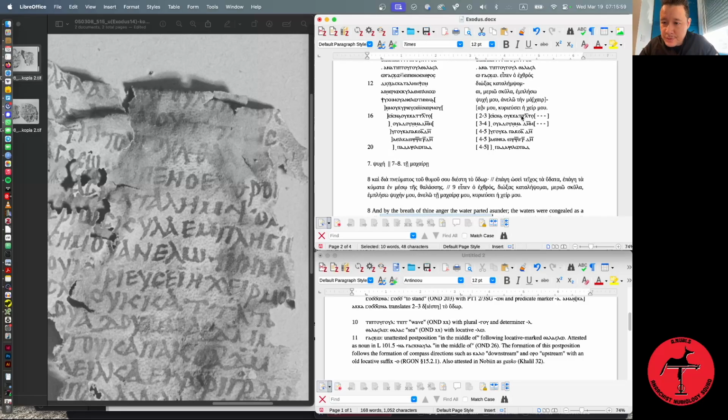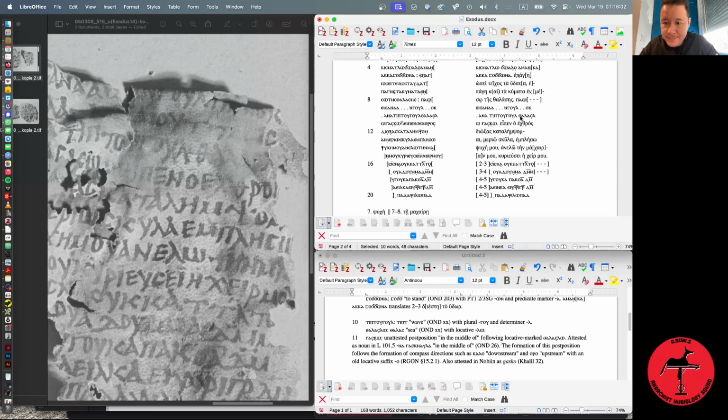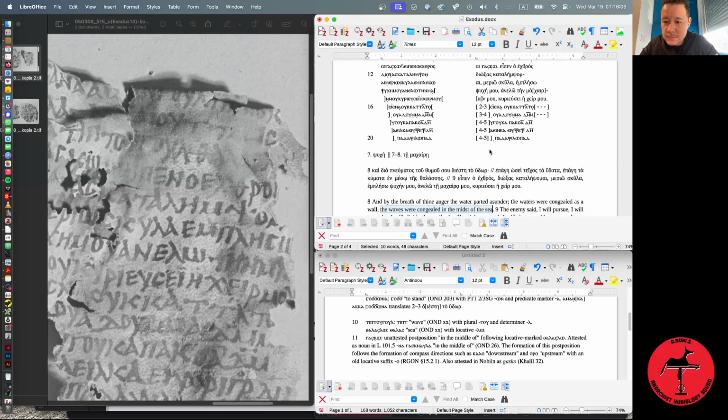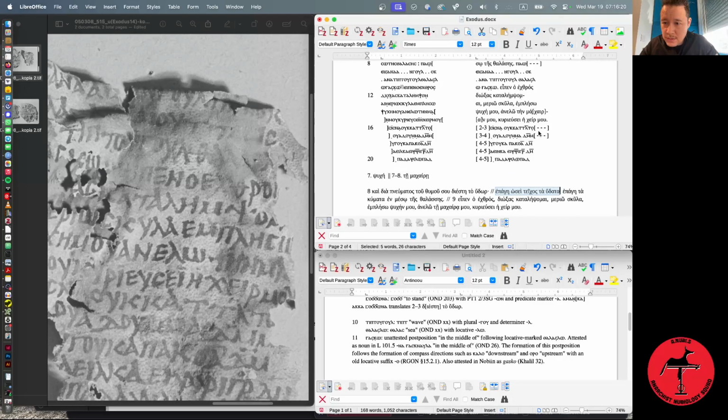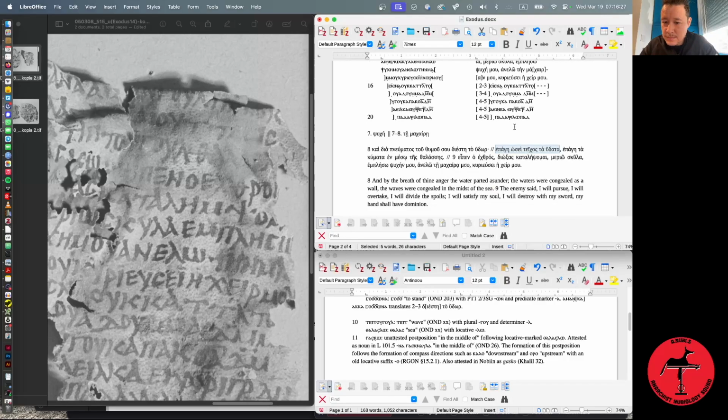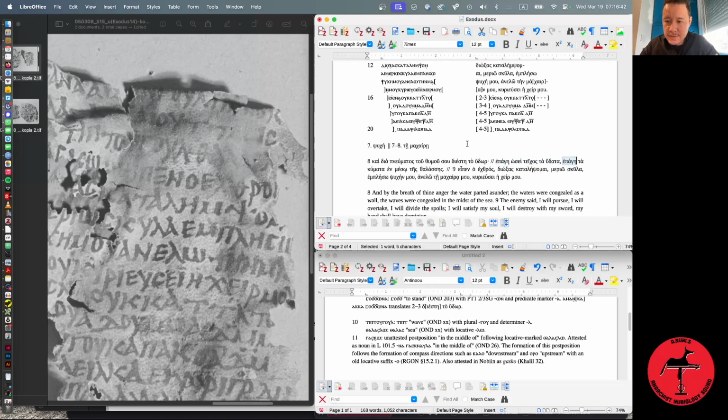The waters were congealed as a wall. This Aisana.